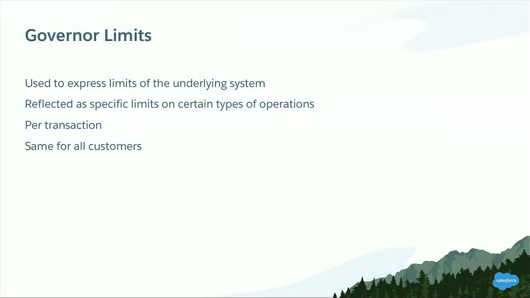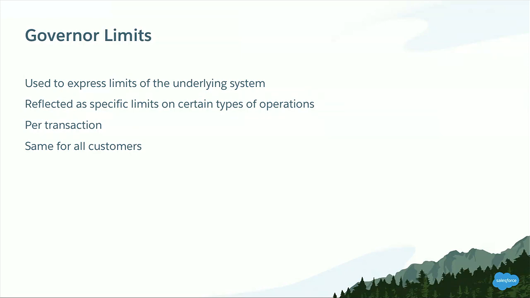Maybe you heard about governor limits. Governor limits are a sort of limitation that is put by Salesforce on your code, because as you might know, Salesforce is a multi-tenant infrastructure, so many customers are using the same servers, the same machines at once.